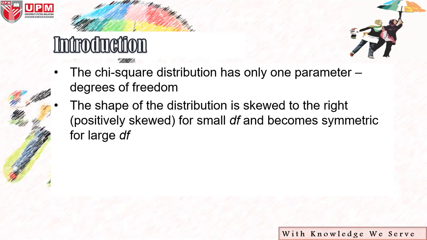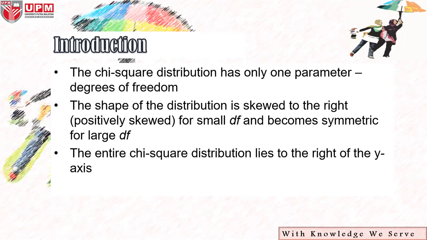All the graphs for chi-square will always be positively skewed, which means that all the chi-square values should be positive. It shouldn't be a negative value for chi-square. For small degrees of freedom it is positively skewed but becomes symmetric for large degrees of freedom. The entire chi-square distribution lies to the right of the y-axis.